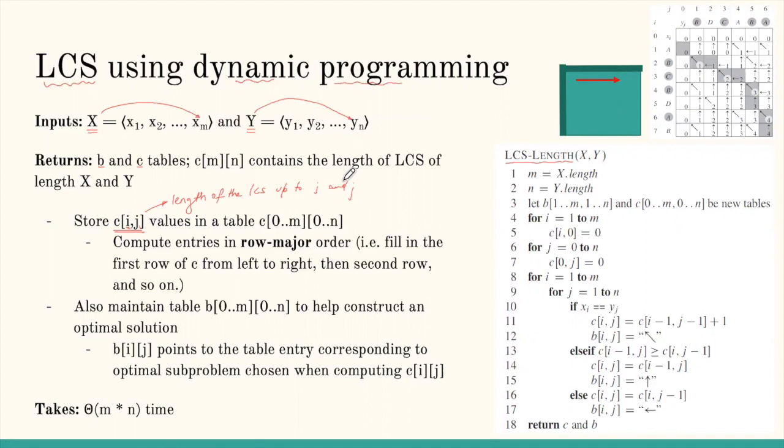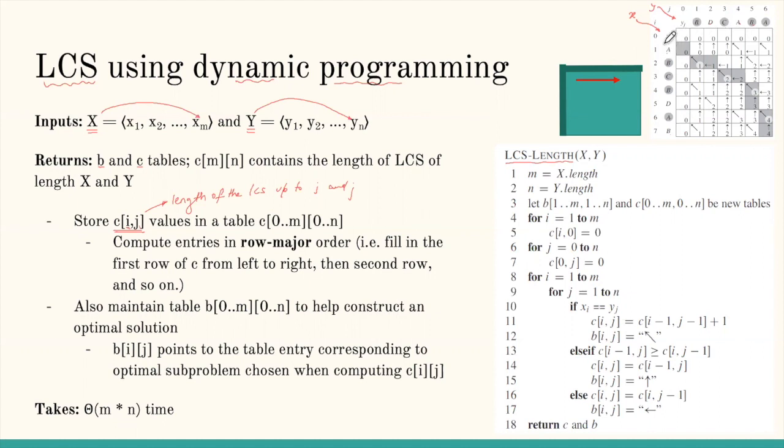So here in the solution matrix, the numbers that you see here are the contents of the Cij matrix. Here is our Y sequence, B, D, C, A, B, A, and our X sequence A, B, C, B, D, A, B. And Cij is the length of the longest common subsequence to that point.